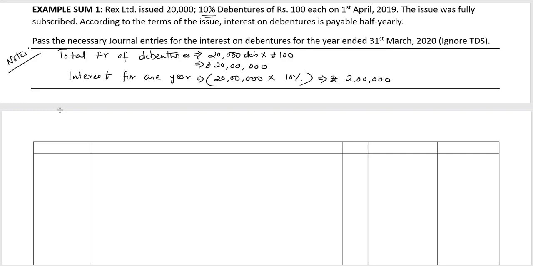This is the yearly interest, therefore the amount of half yearly interest is equal to rupees 2 lakh divided by 2, or rupees 1 lakh.